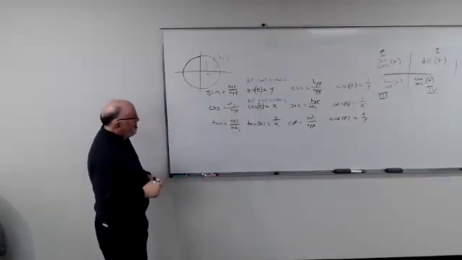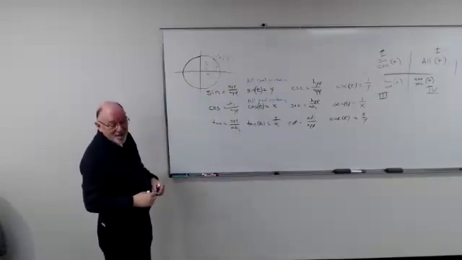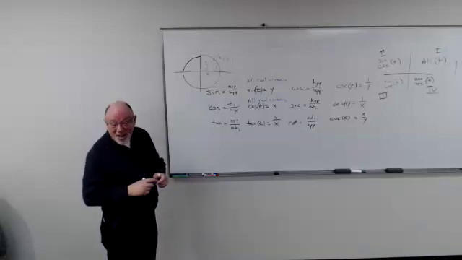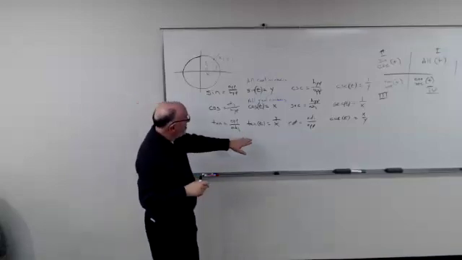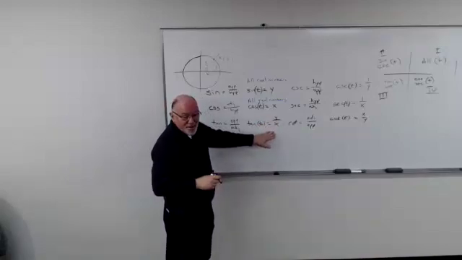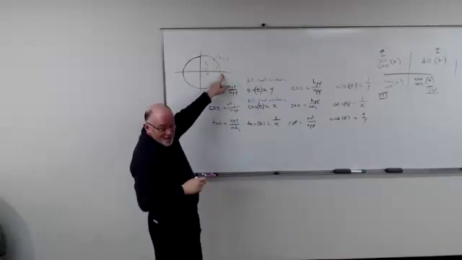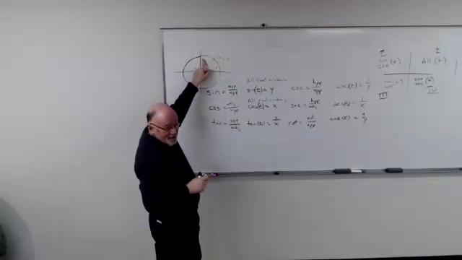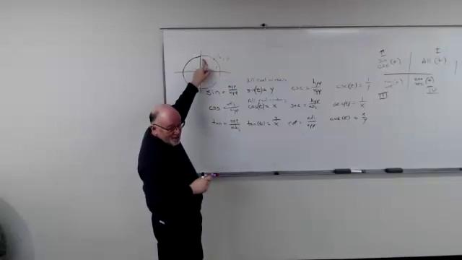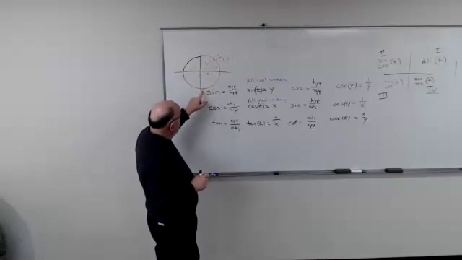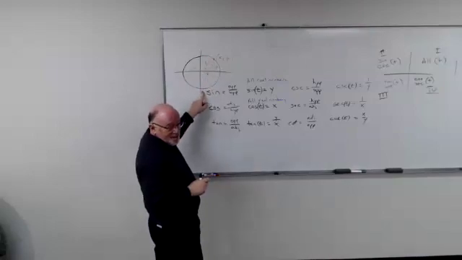Now, when we get to the other ones, however, we do start having things that have to be excluded, because after all, here tangent is y over x. Which means, okay, here I'm okay, because x is a number, but here I have a problem, because here x is 0.